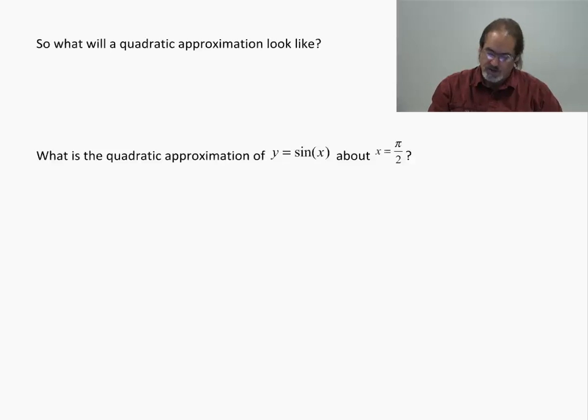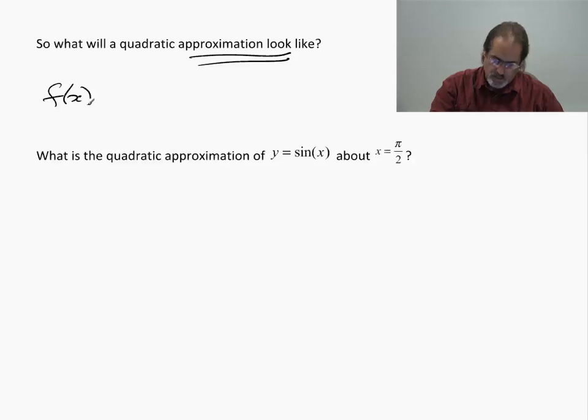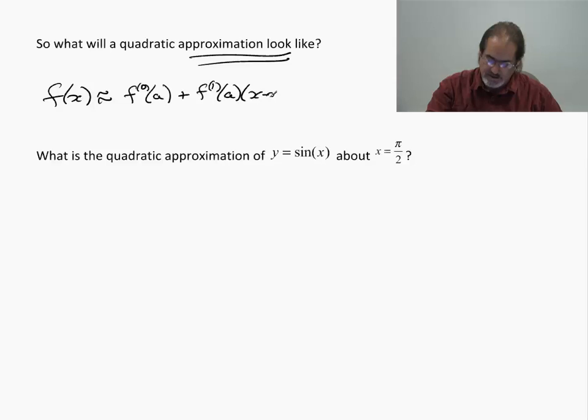Okay, so what will the quadratic approximation actually look like? Well, I just did that. f of x will be approximately equal to the 0th derivative evaluated at a, plus the first derivative evaluated at a times (x minus a), plus the second derivative evaluated at a times (x minus a) squared divided by 2.